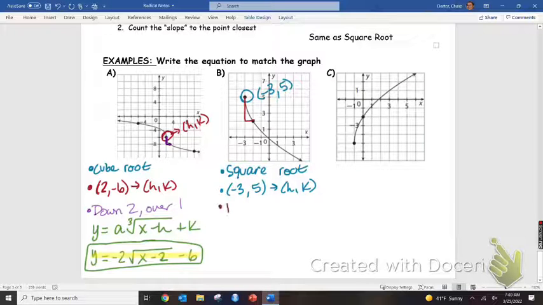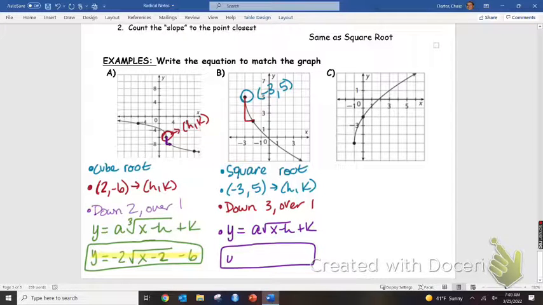So since I go down 3 over 1, when I'm writing my answer, it's a square root graph, so it's going to be this. And for the a value, I went down 3 over 1.